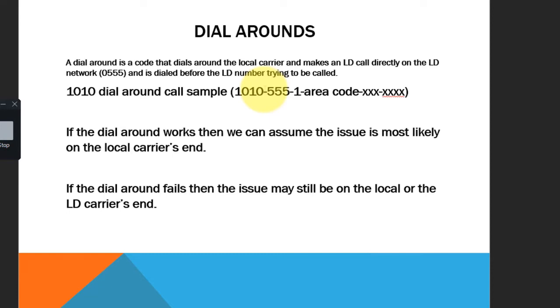I always say, hey, I'm going to have you make another test call to the same line as previous, so my line, but this time you're going to enter a code in front of the number, and that code is 1010555. That's usually how I explain that.